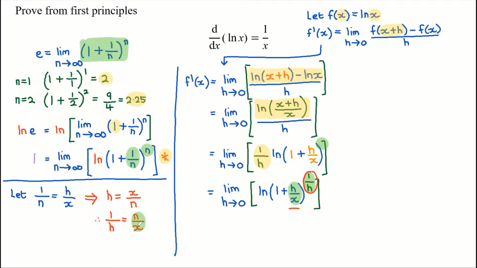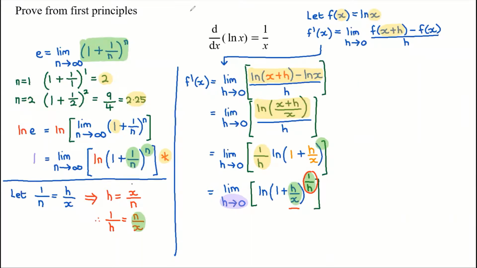Something else we should notice as well is that if I'm replacing h's with n's, what happens in the limit? So what will happen in this part of my expression as h approaches 0? Well, we can see clearly that h and n are inversely proportional to each other.